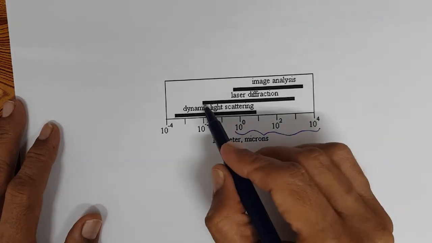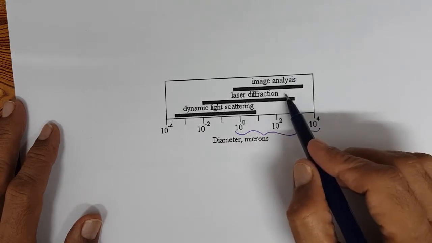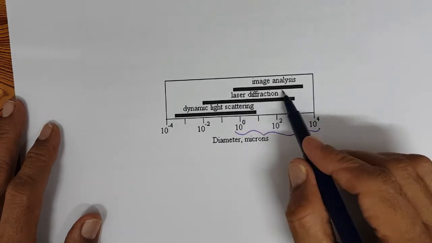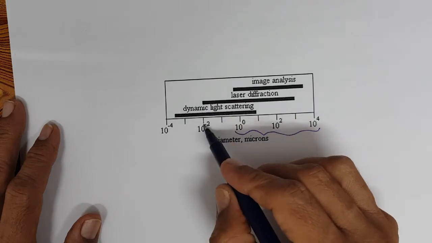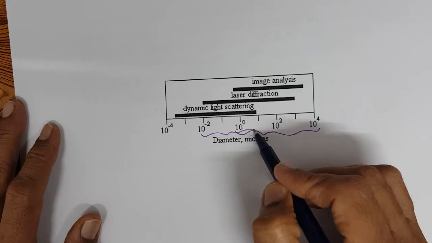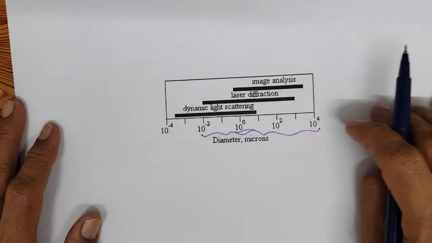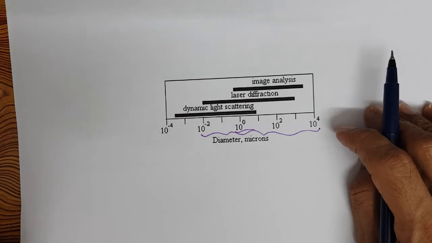There is a thing called laser diffraction, that is also widely used. Laser diffraction is similar, but this is used for larger particle sizes. For example, there are sunscreen titanium dioxide and zinc oxide, right?